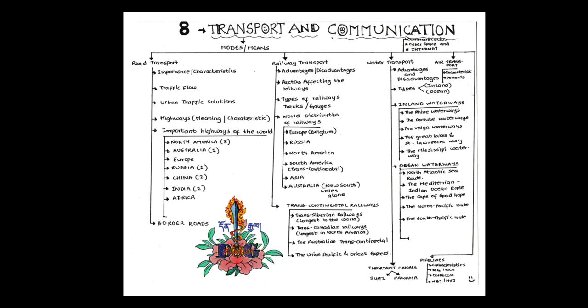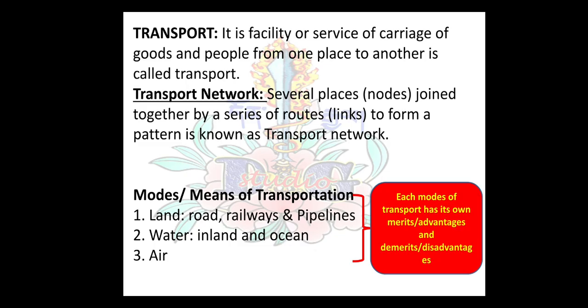First, what is meant by transport. We already discussed the meaning of transport and communication in chapter number 7. Again, transport means a facility or a service of carriage of goods and people from one place to another. It is called transport.